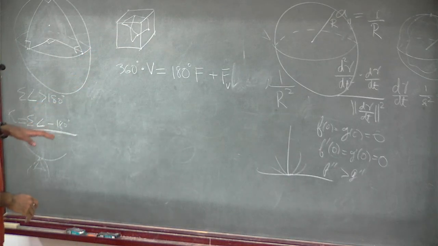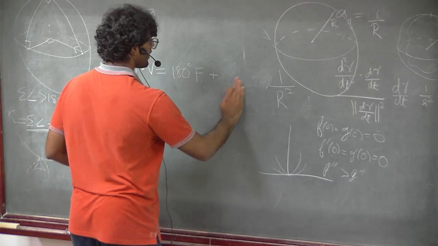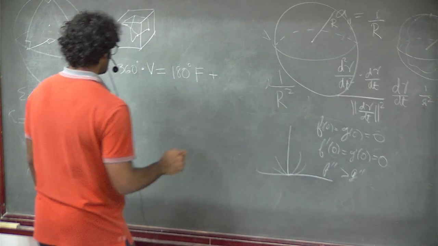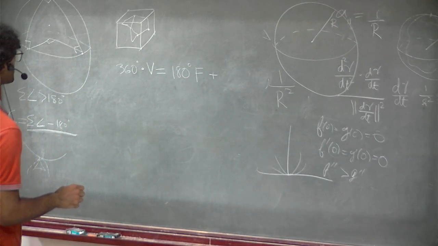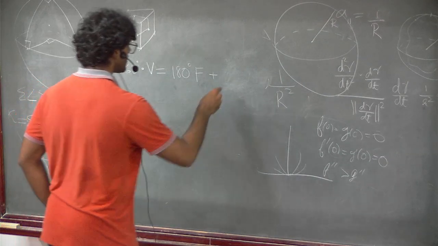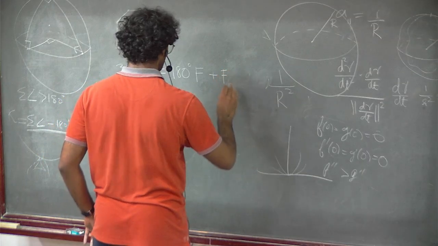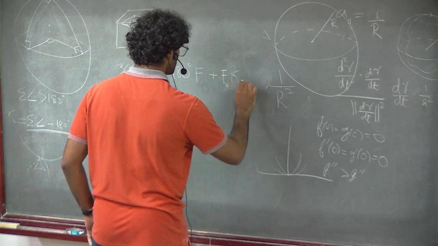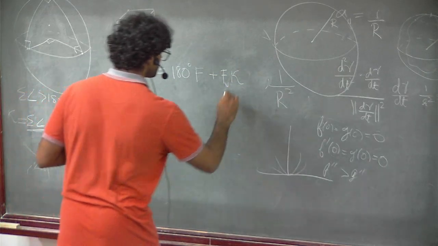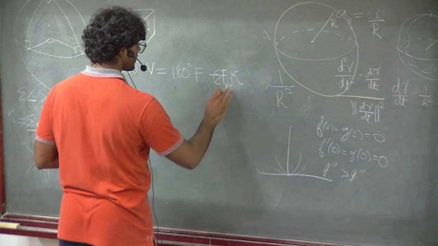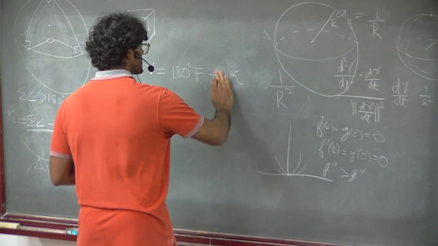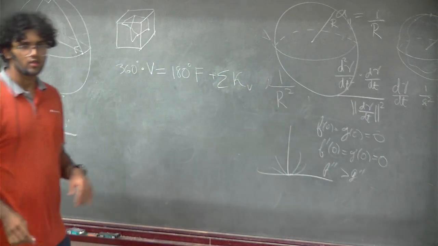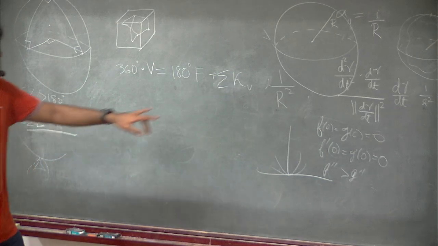And this is just the summation of kappa at each vertex, so this is the total curvature.